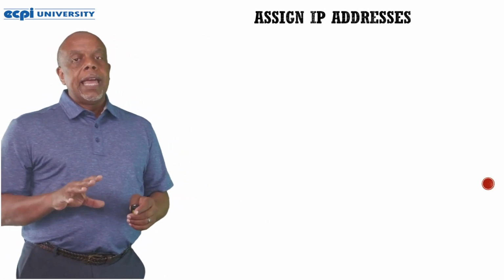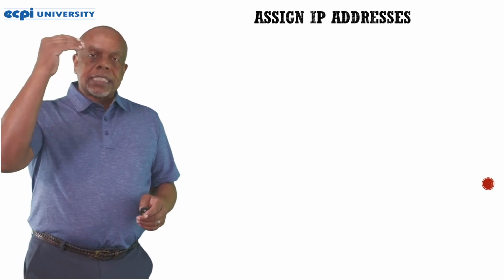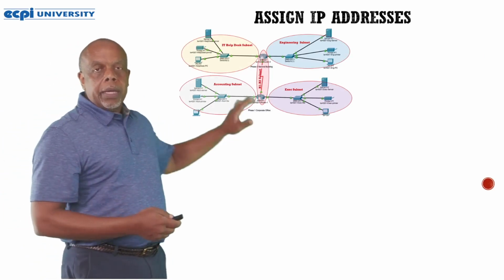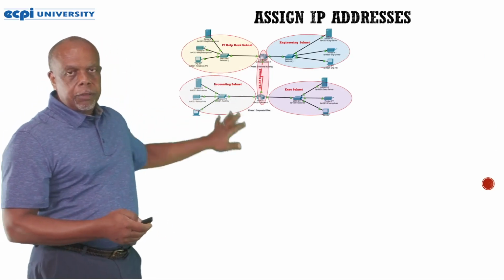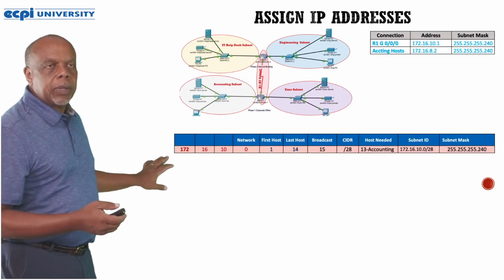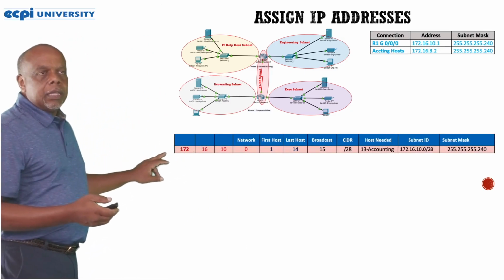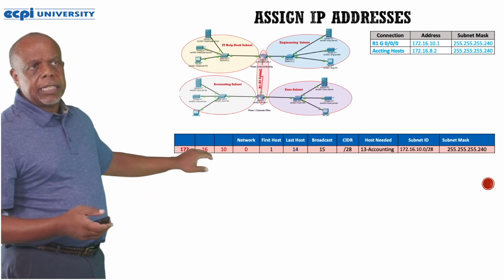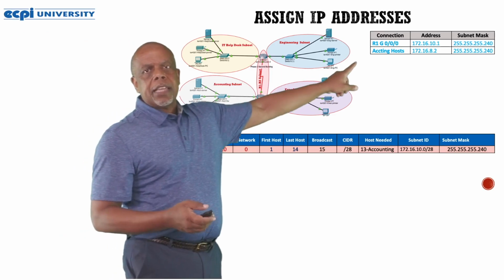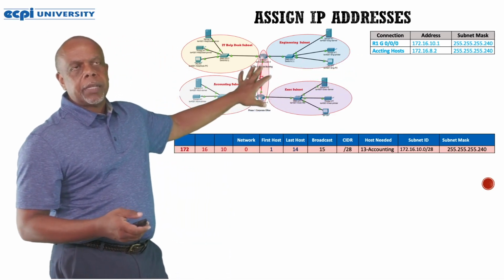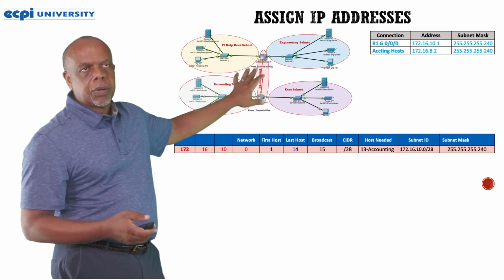Now that we've got that, we can move to the next step of assigning those IP addresses. So here's our network, right? This is just where we left off on the last slide. First thing I'm going to do is take this first subnet, the one for accounting, the subnet ID 172.16.10.0. I'm going to assign the first host to the router, R1, to the gigabit Ethernet interface 0/0.